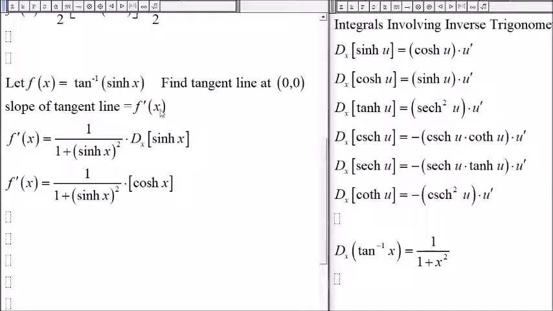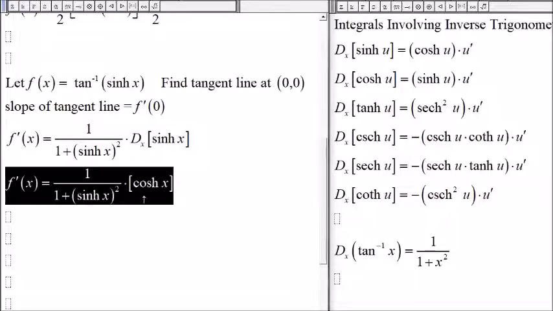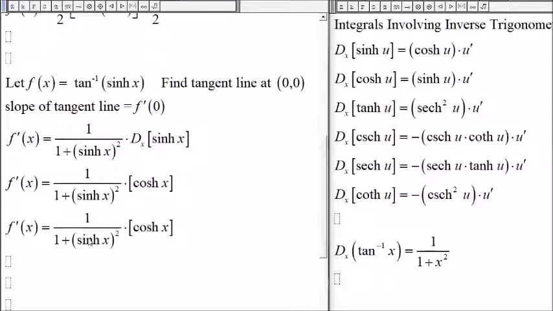Now we need the slope of the tangent line, which is the derivative evaluated at 0. So right here we get 0.